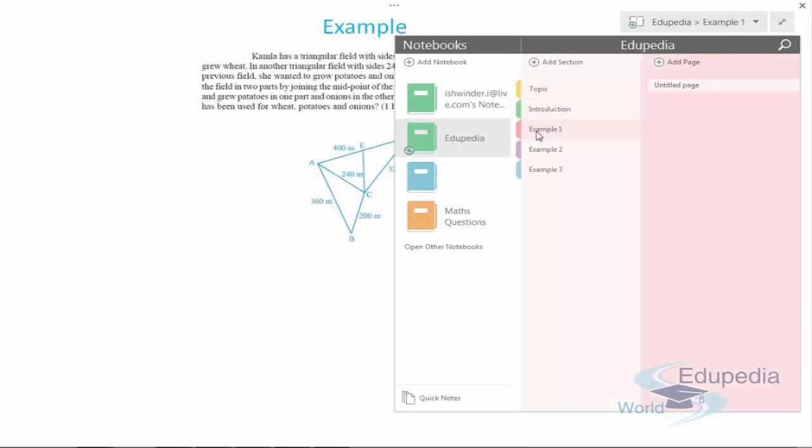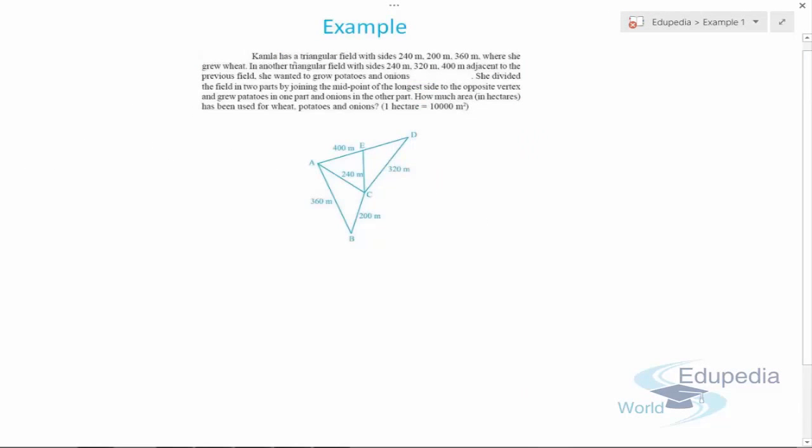The first example says that Kamla has a triangular field with sides 240 meters, 200 meters, 360 meters, where she grew wheat, and another triangular field with sides 240 meters, 320 meters and 400 meters adjacent to the previous field.